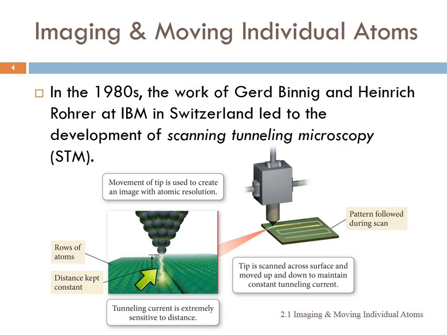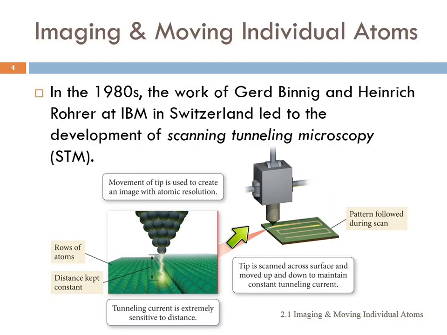And this tunneling current is very sensitive to distance, because what's going on here is that you've got electric current jumping across from the tip to the surface. There's no wire connecting it. That current is very sensitive to the distance from the surface. And so this tip is moved in such a way that this current remains constant.